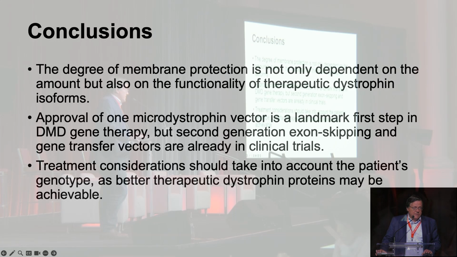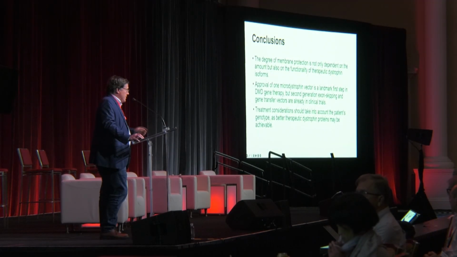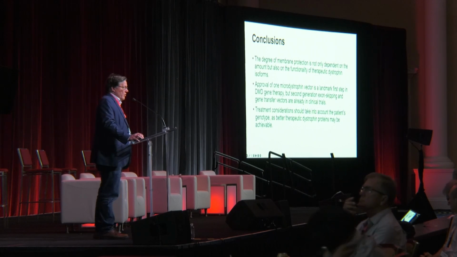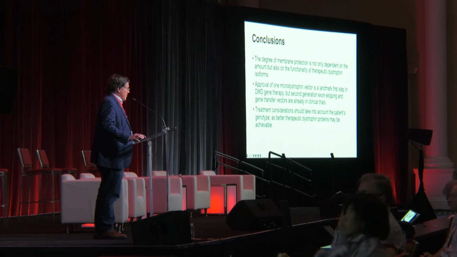Obviously, not all parents have the opportunity, not all are amenable to skipping each of these. But as a clinician and a scientist, I'm glad that these are moving forward with really second-generation exon skipping approaches. A reminder that in comparing any of these different therapies against each other or against microdystrophin, it's not only how much dystrophin there is, but how functional that protein is. And we learn how functional those proteins are from studies in patients.